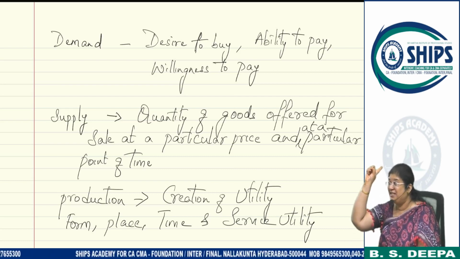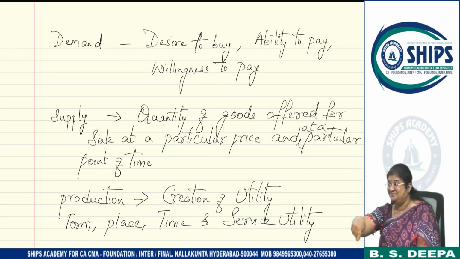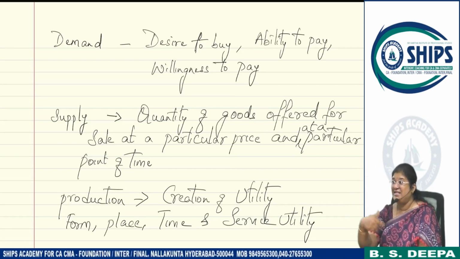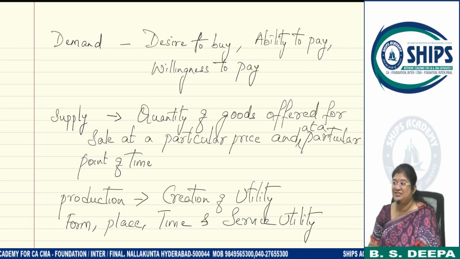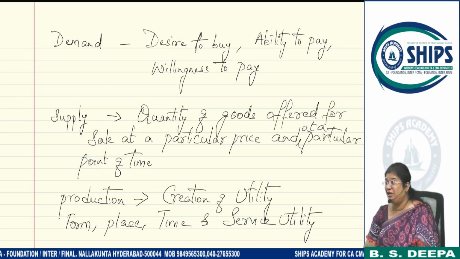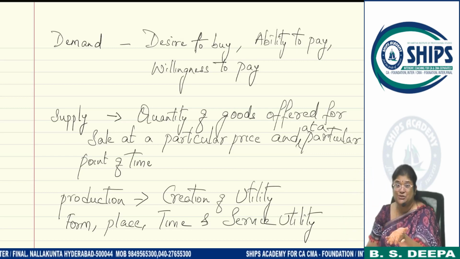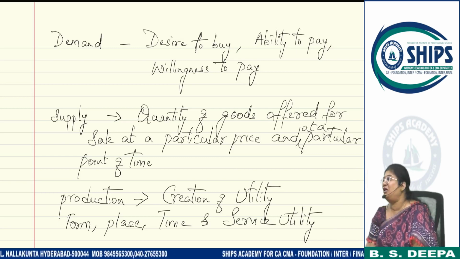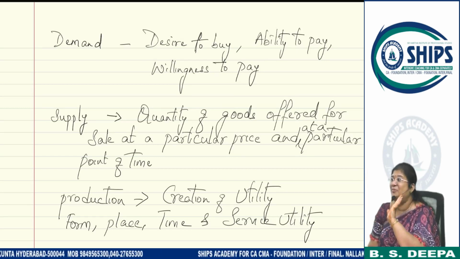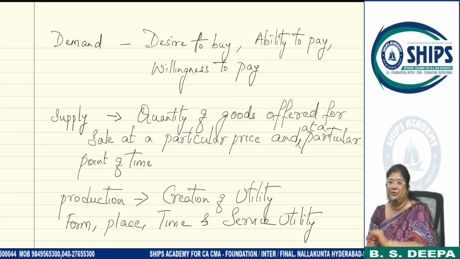No satisfaction there for the good. But if you change the place, the place is creating satisfaction. So that also is called production in economics. If you make the goods available at a place where the consumer needs it, that is also called utility. That is also called production. Similarly, time utility.